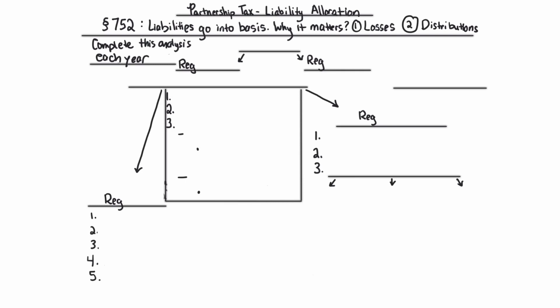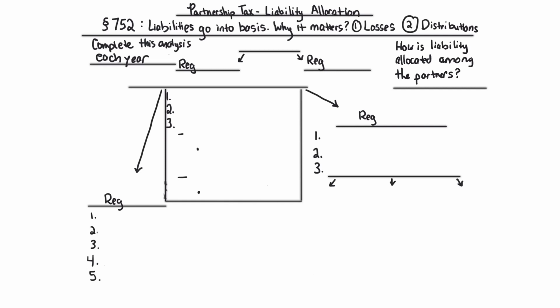So the analysis each year is asking the following question. How is the liability allocated among the partners in the partnership? The issue is, if a partnership takes on a liability, how is it going to be spread among those partners and their bases to determine the outside basis of each partner?